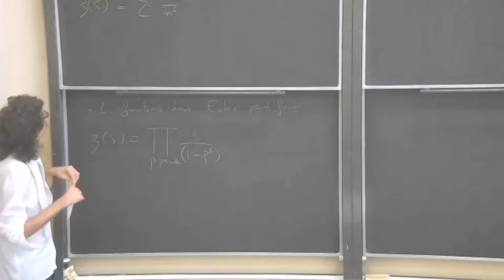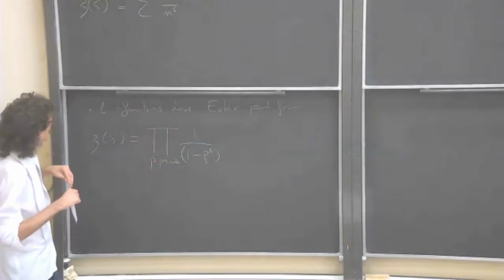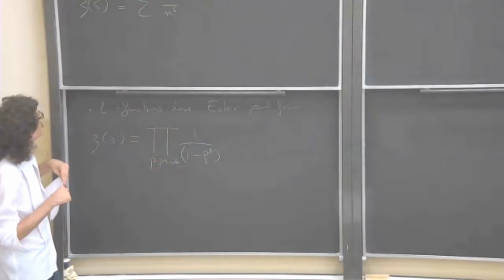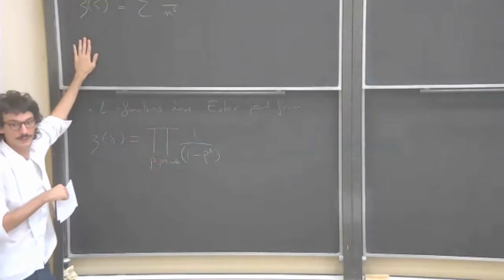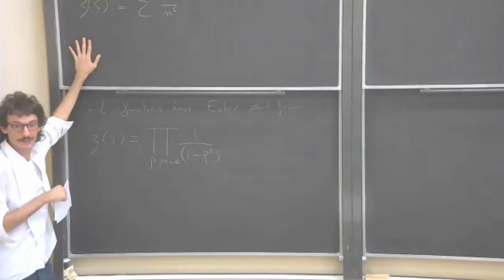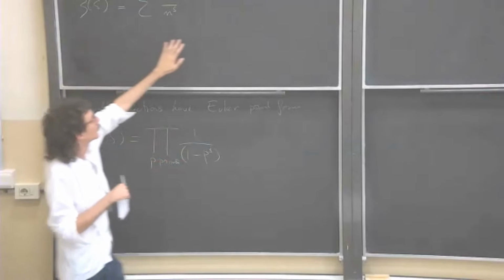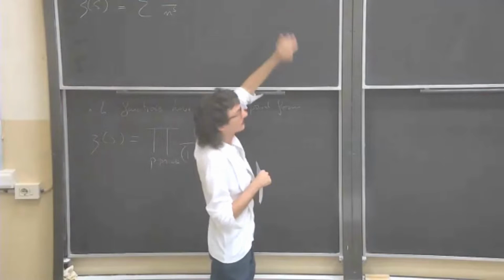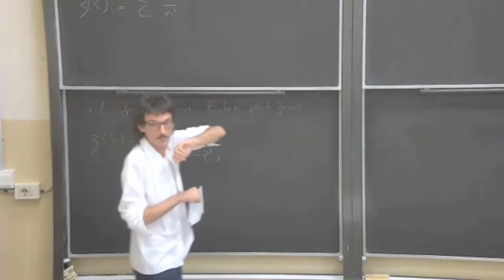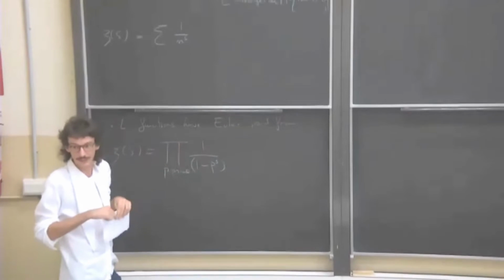Now, the Riemann hypothesis talks about the zeros of this function over the line with real part equal to 1/2. But it's pretty clear immediately that this plane does not include 1/2.